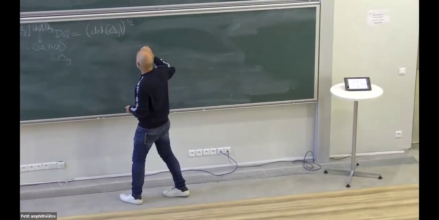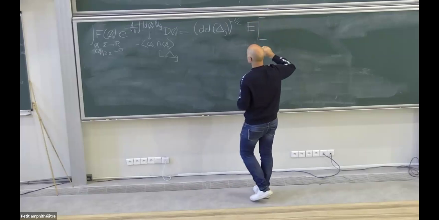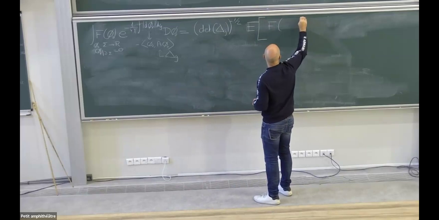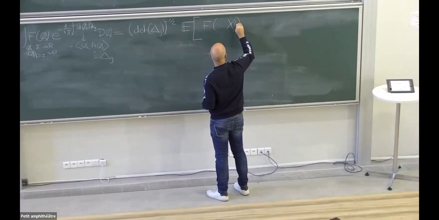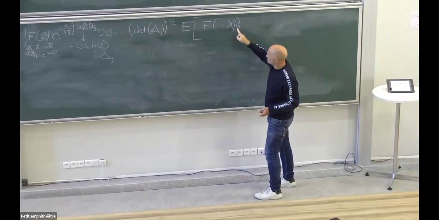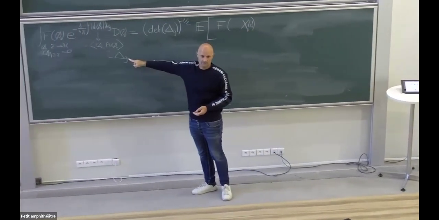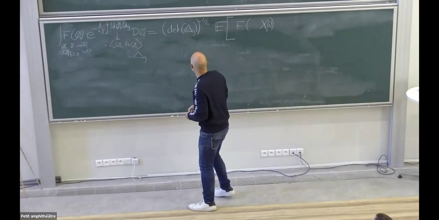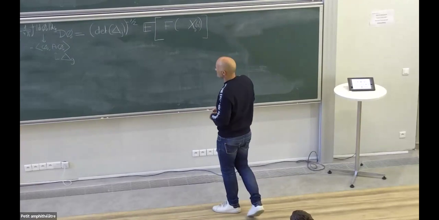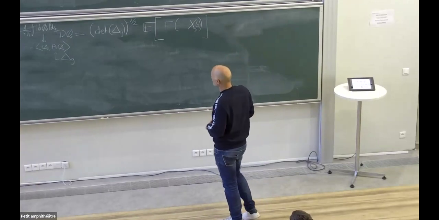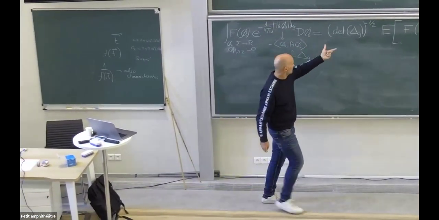And then you would have the expectation value of F of a Gaussian field, such that the covariance of this guy is the inverse of this operator. That would be the definition if this was finite dimensional.